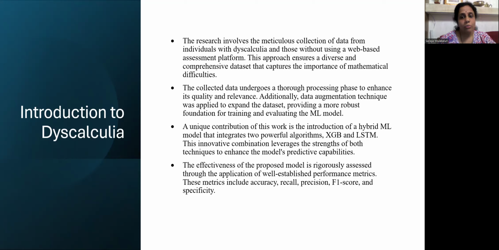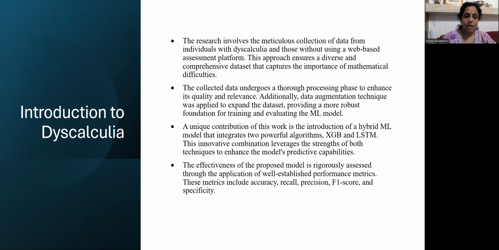This innovative combination leverages the strengths of both techniques to enhance the model's predictive capabilities. The effectiveness of the model is rigorously assessed through well-established performance metrics. These metrics include accuracy, recall, precision, F1 score, and specificity.